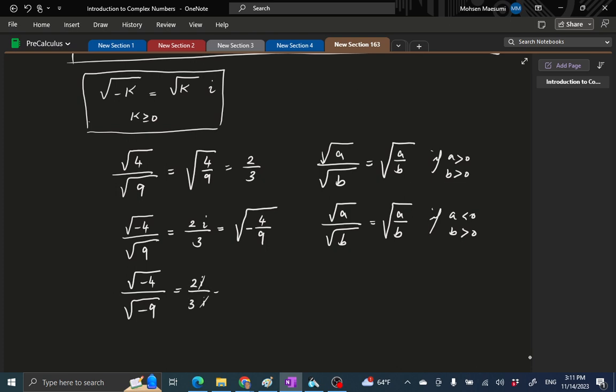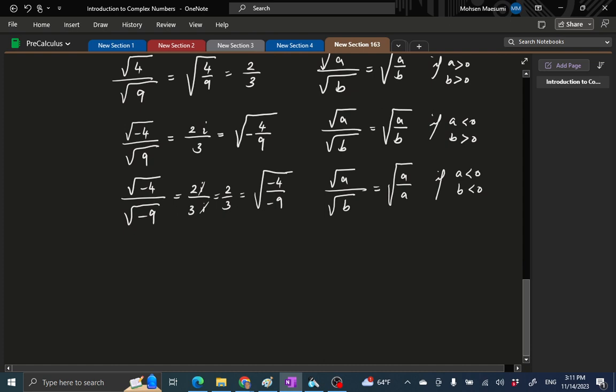The i's cancel, and I get 2/3. And if I take -4 over -9 and divide them, the minuses cancel, and I get 2/3 again. So no problem there either. If I have square root of a over square root of b, that again is the square root of a over b, if it is the case that a is negative and b is also negative.